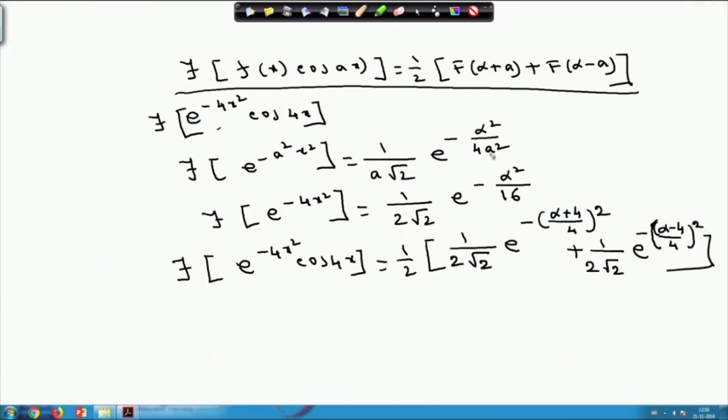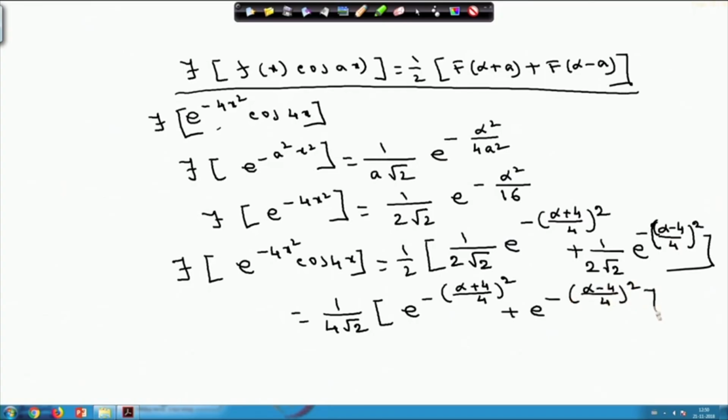So, simply I am replacing alpha by alpha plus a and alpha by alpha minus a, and a here is 4 in cos Ax. If I just simplify it, I will obtain 1 by 4 root 2 into e power minus (alpha plus 4) by 4 whole square plus e power minus (alpha minus 4) by 4 whole square.